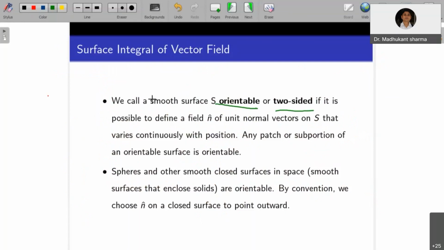Let's say you have a hemisphere, or a spherical shape also you can look at. This is an orientable surface, two-sided. If you are able to define a normal field, you take any point on the hemisphere and define a unit normal to it, in the positive direction, meaning the outward normal.